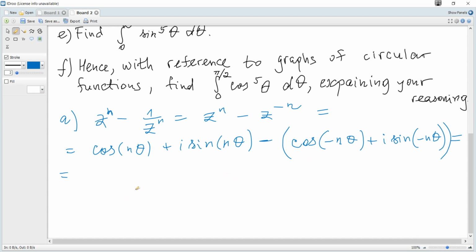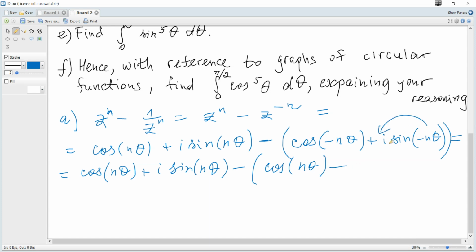Cosine is an even function. It means that the function of negative x is equal to the function of x, and sine and also tangent are odd functions. It means that the function of negative x is the negative of the function of x. Using this we can rewrite it as cosine of n theta plus i sine of n theta, minus cosine of n theta, and sine of negative becomes just minus sine of positive, so minus i sine of n theta.